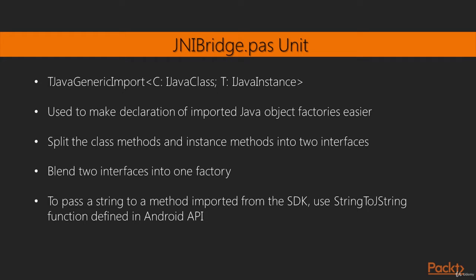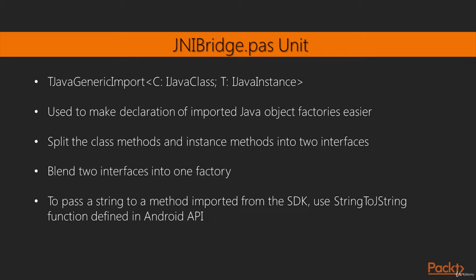The TJavaGenericImport is a generic class which we can use to make the declaration of imported Java object factories easier. Using this class, we split the class methods and instance methods into two interfaces. This class blends the two interfaces into one factory that can produce instances of Java objects or provide a reference to an instance representing the Java class.